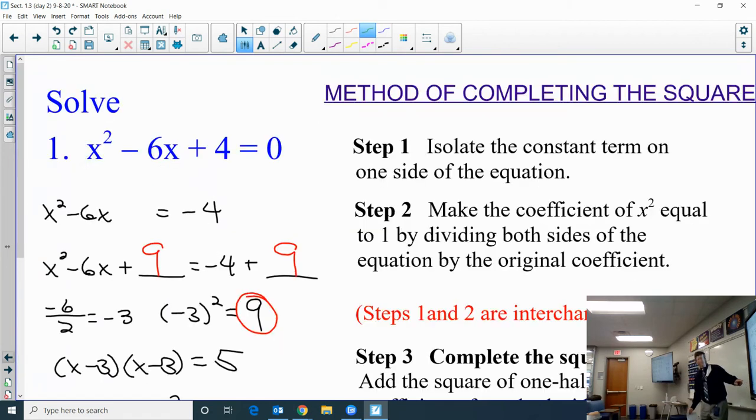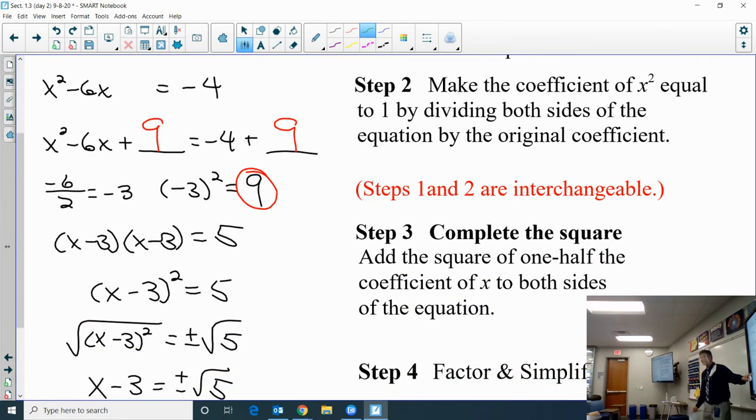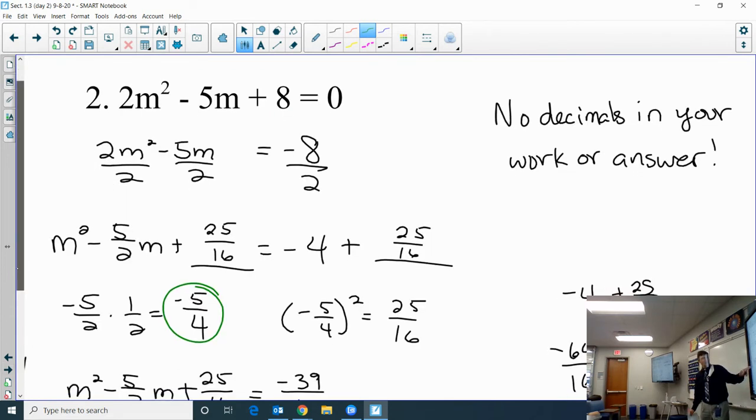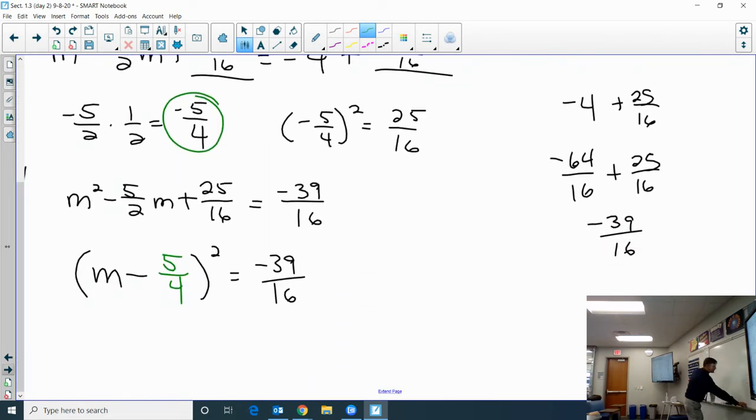Now, let me back up for a second. We had x squared minus 6x. Well, half of 6 is 3. We ended up with x minus 3 squared. It's a little bit harder and not as obvious when you have fractions, but that is the case. Now, m minus 5/4, just to show you, if you FOIL that, m times m is m squared, minus 5/4 m, minus 5/4 m, plus 25/16.